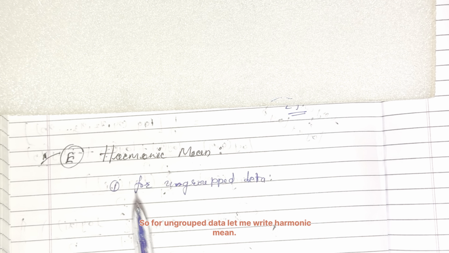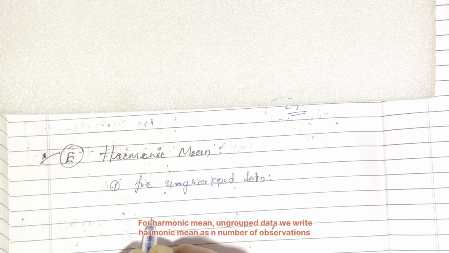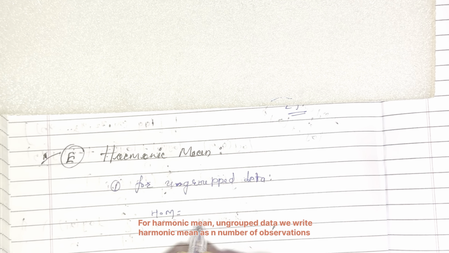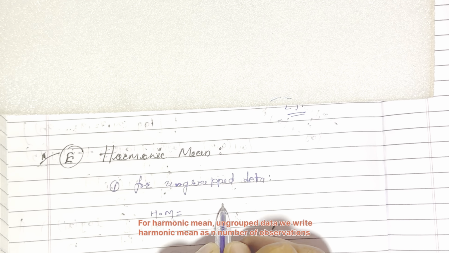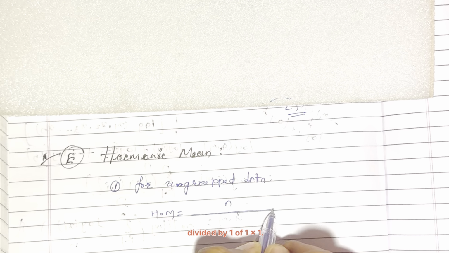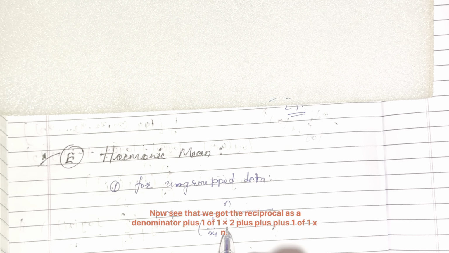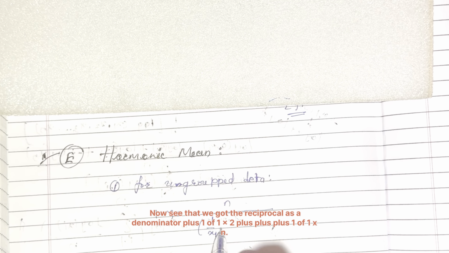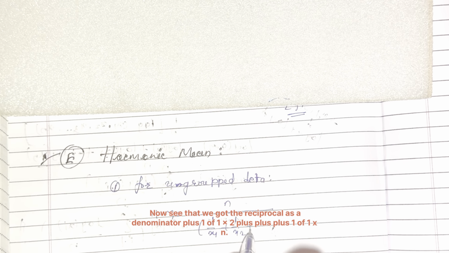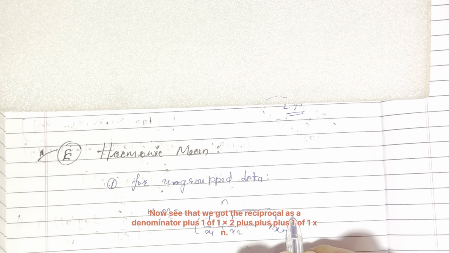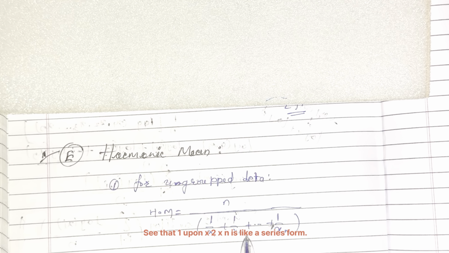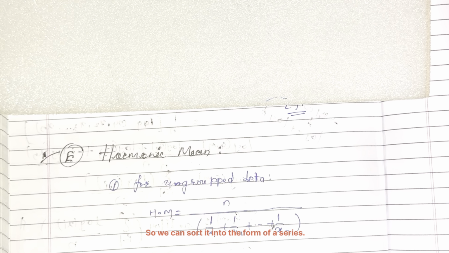So for ungrouped data, let me write the harmonic mean. We write the harmonic mean as n, the number of observations, divided by 1 upon x1 plus 1 upon x2 plus up to 1 upon xn. See that we got the reciprocals in the denominator. This is like a series, so we can write it in series form.